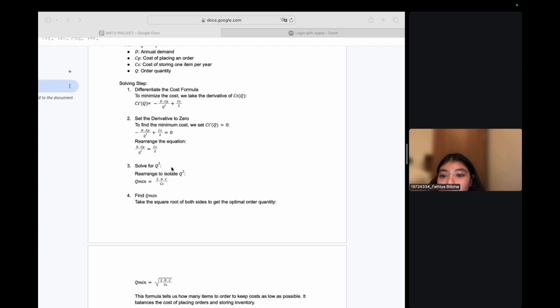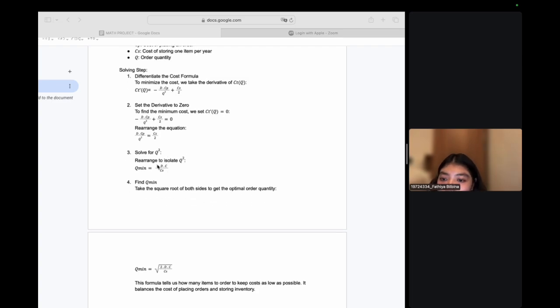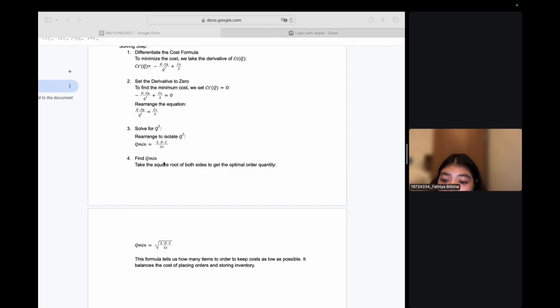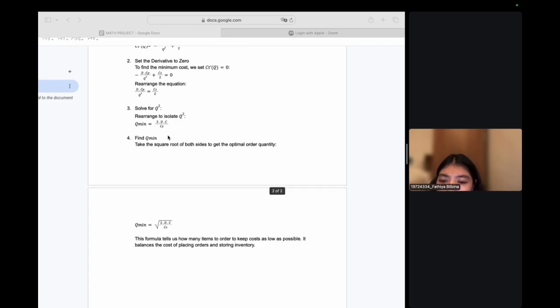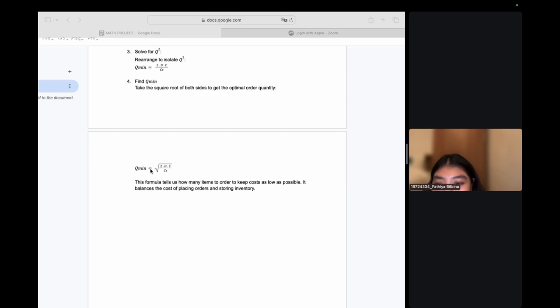The third step is to solve for Q squared, by rearranging the equation. And then finally, we take the square root of both sides to get Q min equals the square root of 2 times D times CP divided by CS.